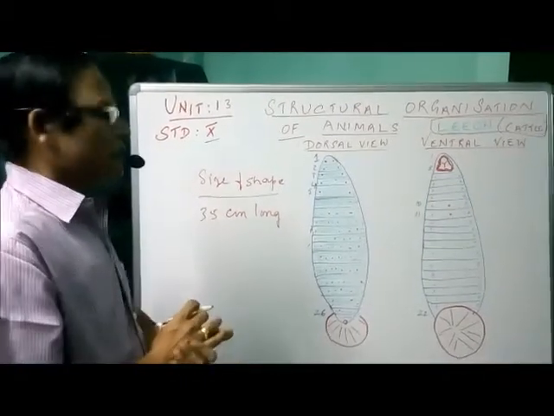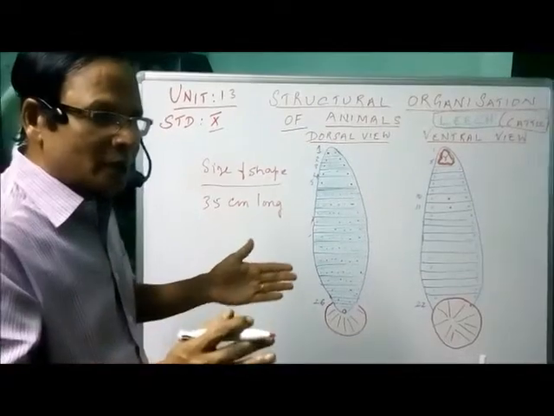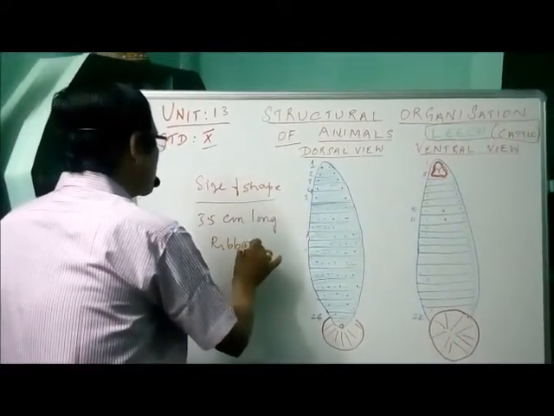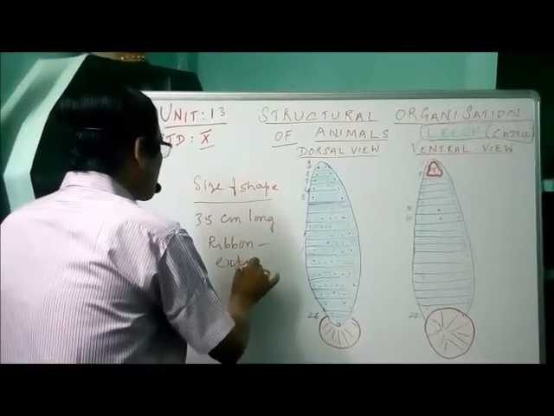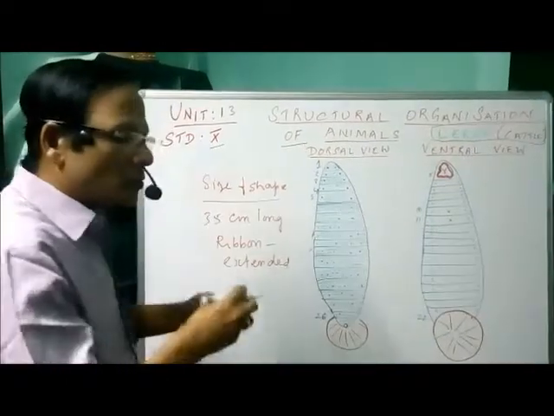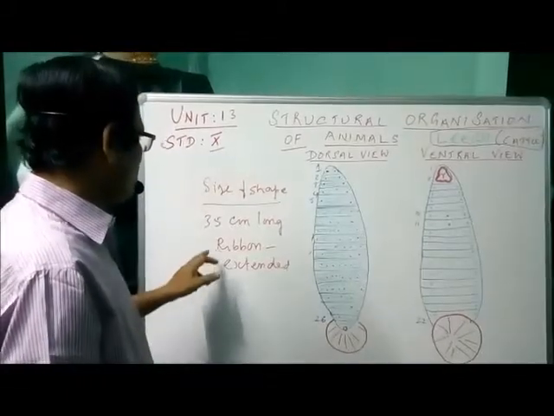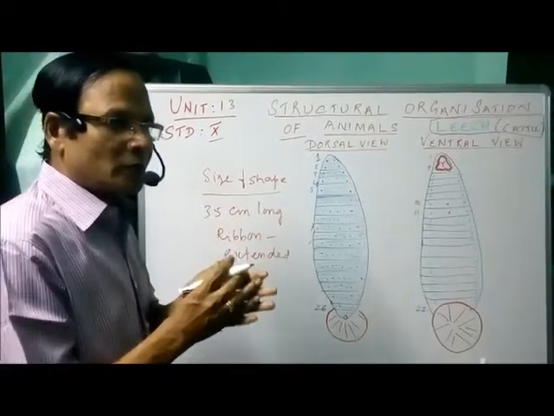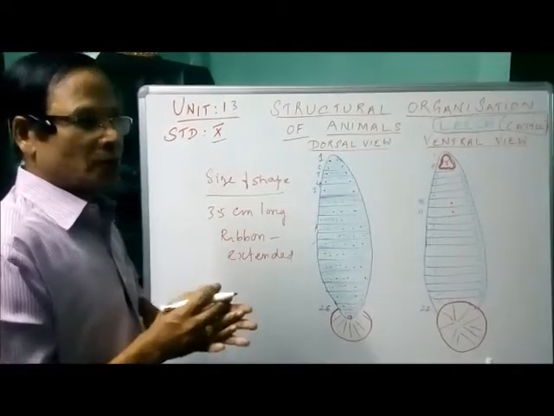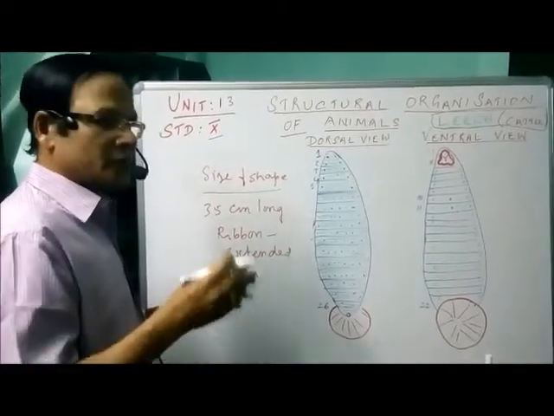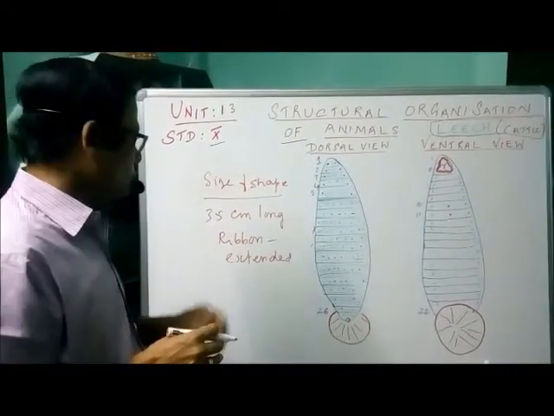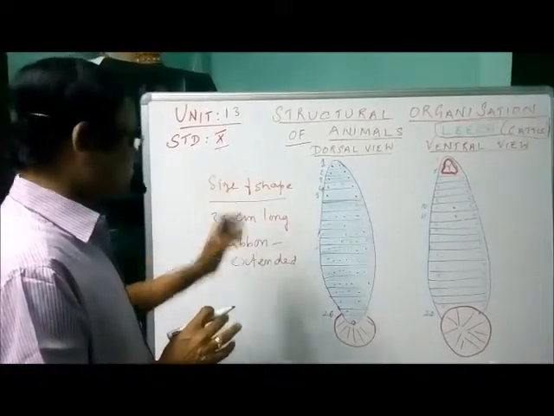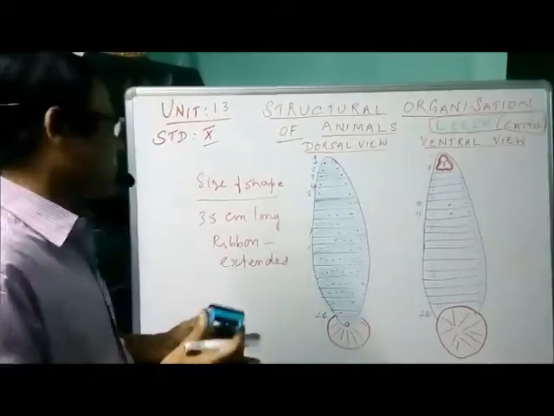When it is fully extended, at the time of feeding the blood, the body is elongated and extended, and at that time the animal is ribbon-shaped. When the animal becomes contracted, it becomes cylindrical in shape. So that is about the size and shape of the animal, cylindrical or ribbon shape.